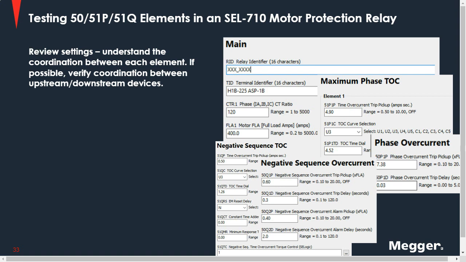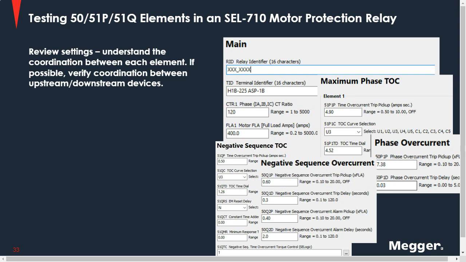Are we using per unit? Are we using a percentage? Are we using secondary values versus primary values? If you get a chance, you should review the settings and understand the coordination between the elements.